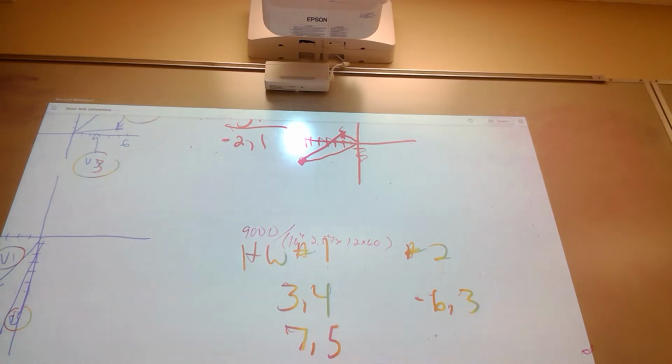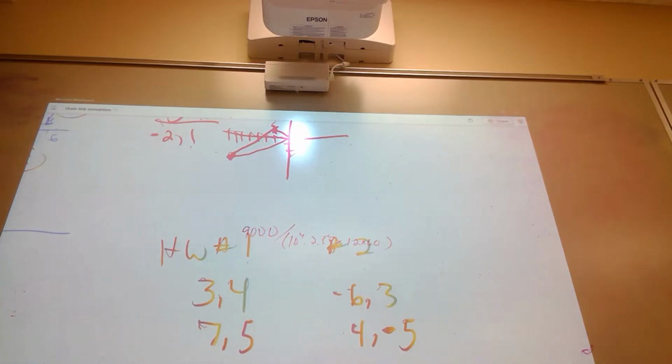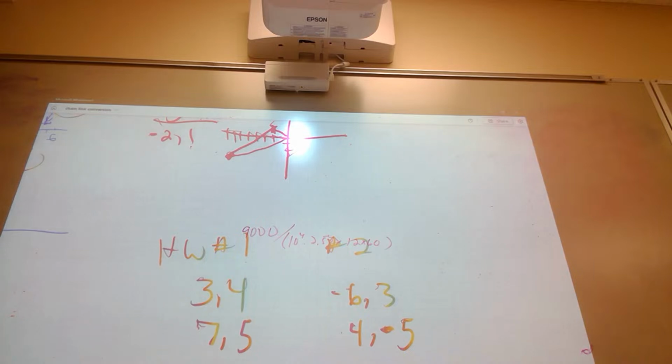And then we're going to add to that 4, -5. Okay, now you add these together mathematically, and so what you get should look like that. Now something can point into the third or fourth quadrant, but it's actually not in that quadrant because we left originally.